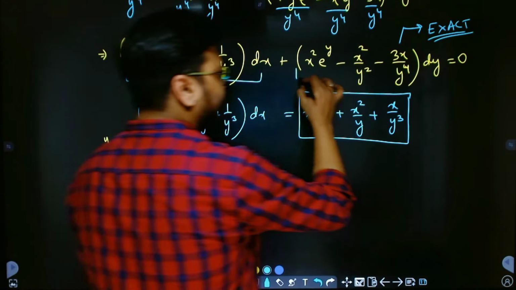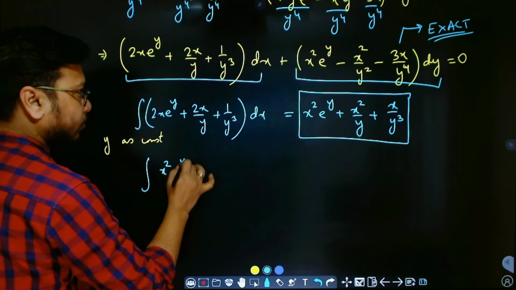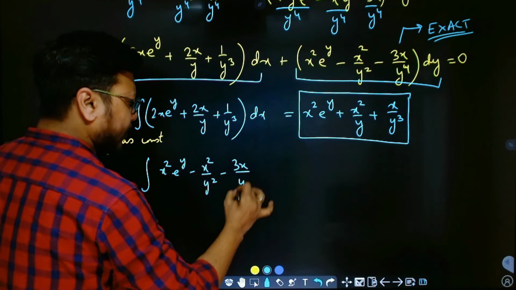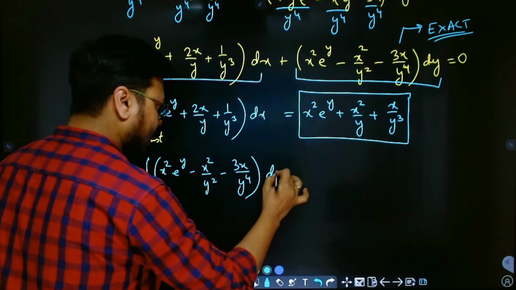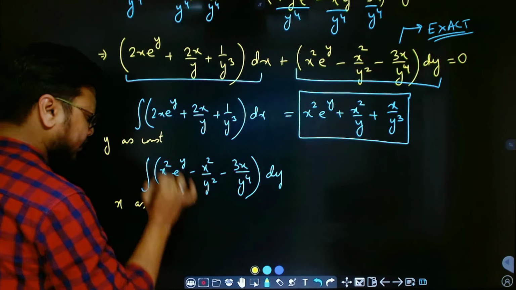Now I'll go for the second one. The integration of (x² e^y − x²/y² − 3x/y⁴) dy, treating x as constant.